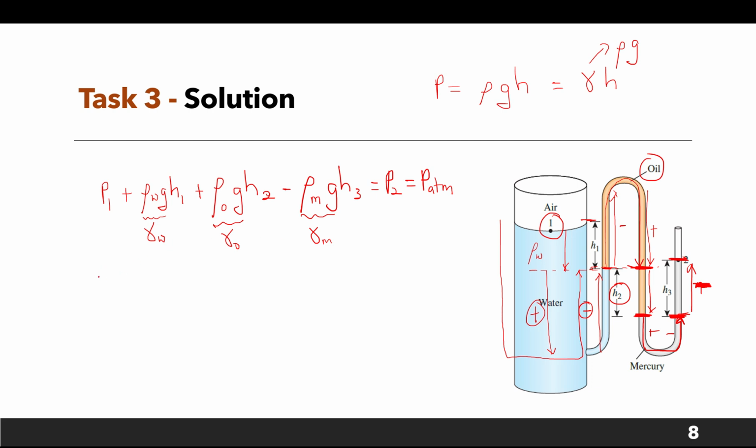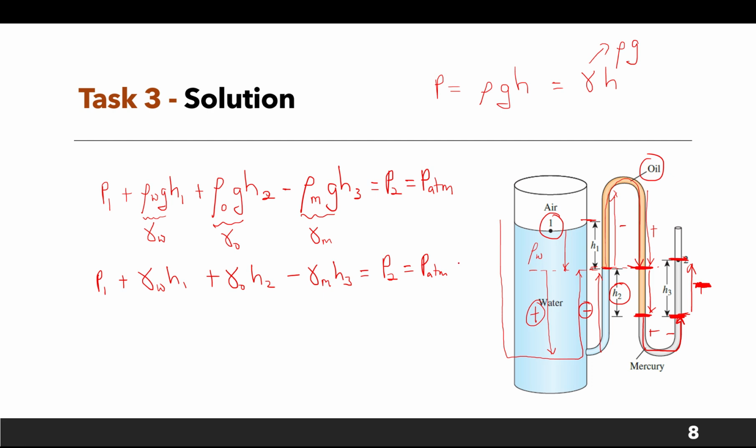So we are looking at P1 plus gamma, the specific weight of water, h1, plus specific weight of oil, h2, minus specific weight of mercury, h3, and this is equal to P2 or P atm. Now take note that because we are looking for gauge, and by default this is also equal to 0, we can actually compute the P1 and say it is the gauge pressure.